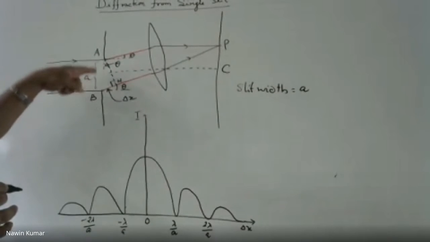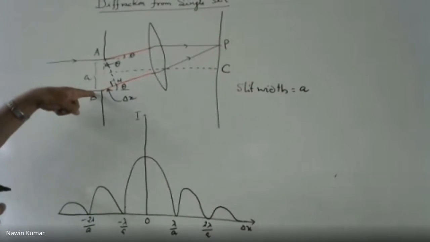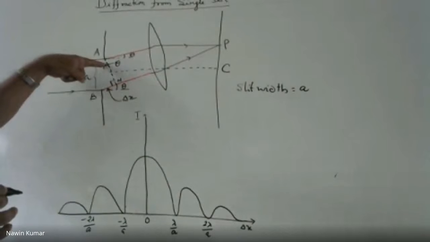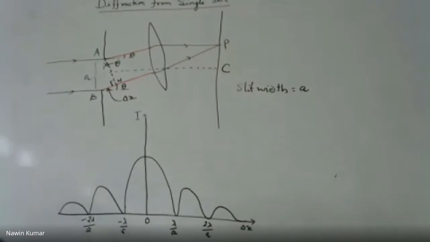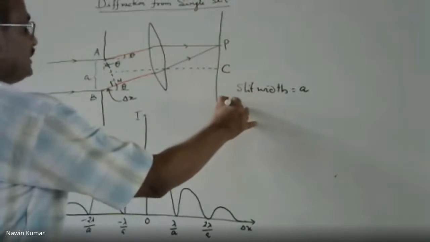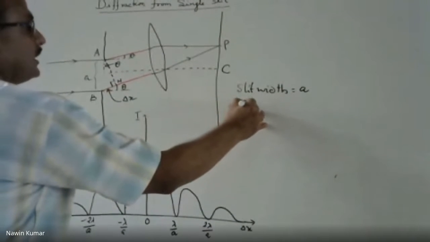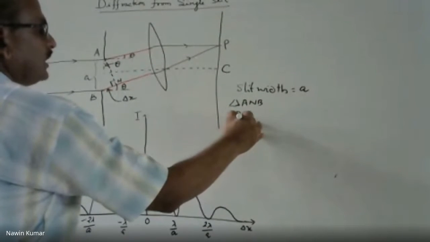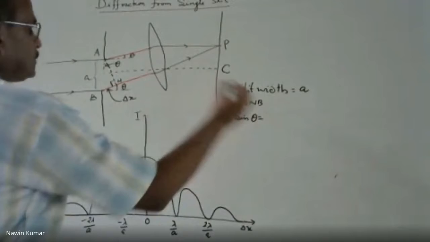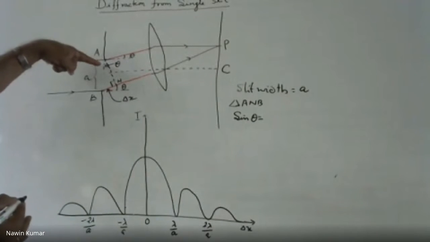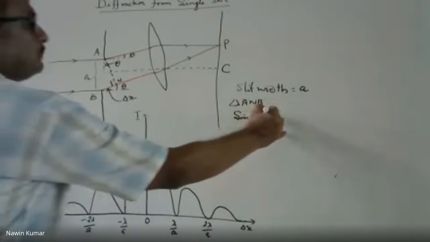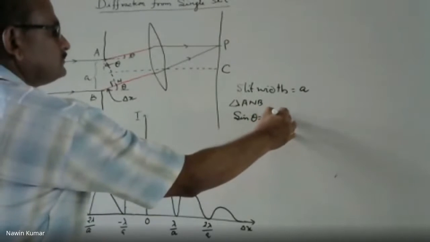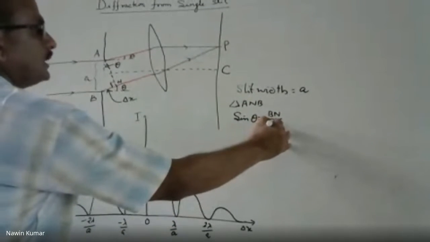AB is the hypotenuse, and for this angle BN is the perpendicular. So sine theta equals the perpendicular BN by hypotenuse AB.